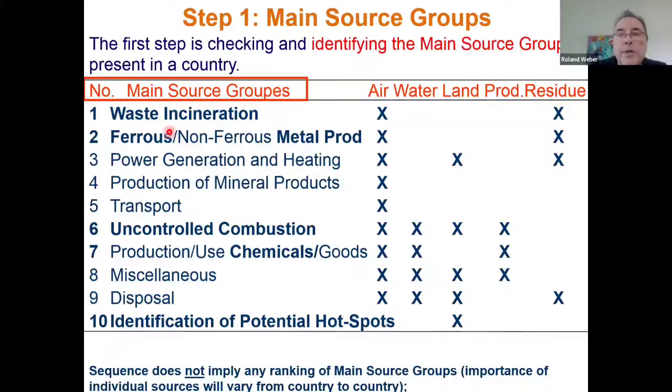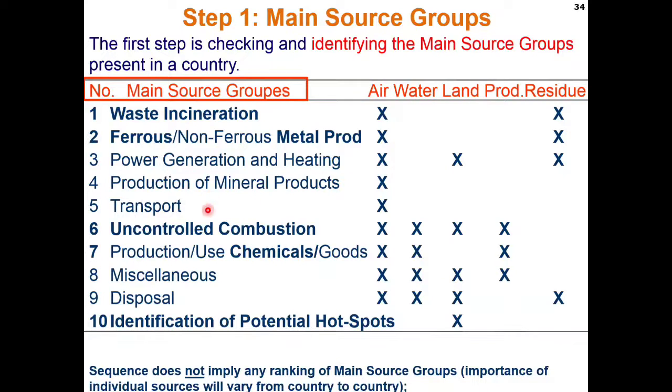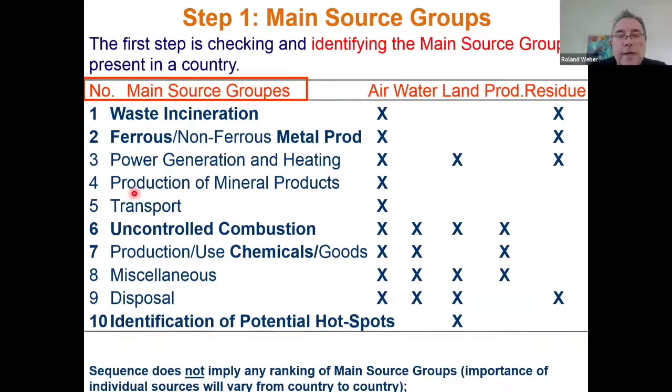So waste incineration, maybe you have some hospital waste incinerators. Then you can check if you have metal production, power generation. We said, yes, in Gaza, you have a power plant. Then mineral production, if you have a cement plant or not. Transport sector, this means cars and vehicles.